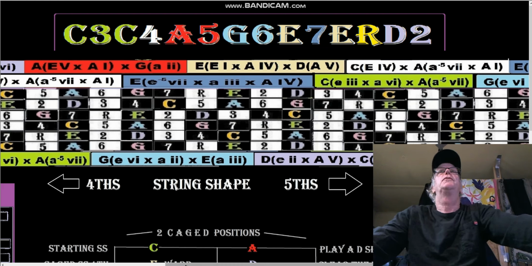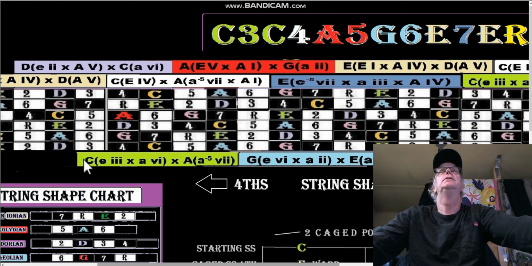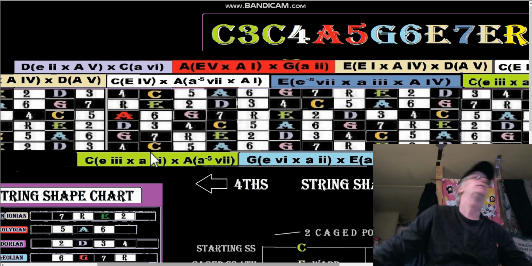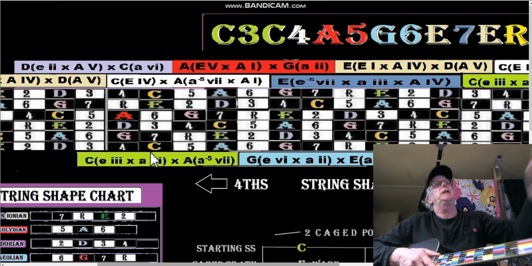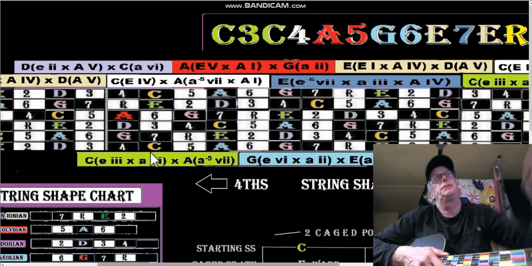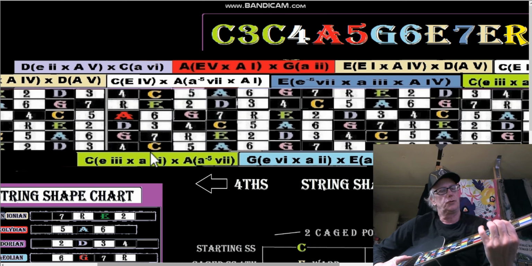Okay, so for the C, we might want to start here. We've got C3, so we've got 3, 4, 5. Okay, so I don't really need a capo on it just to play scales. So we got the C, and we got, I guess, the short.